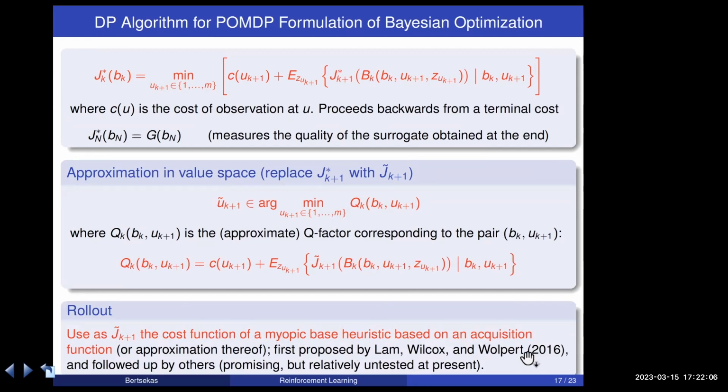It was proposed in 2016. There have been several papers afterwards. Consistently, all of them provide promising results, considerable improvement over the standard myopic Bayesian optimization approach.